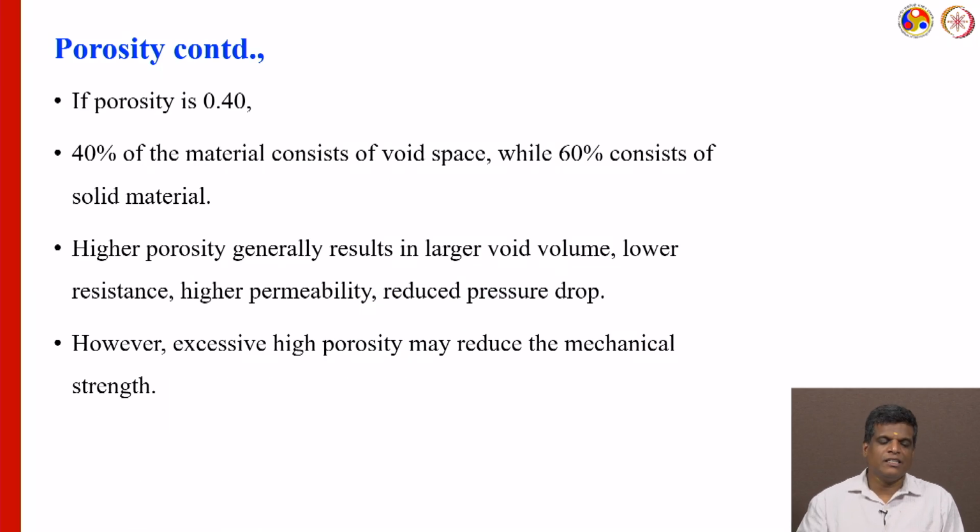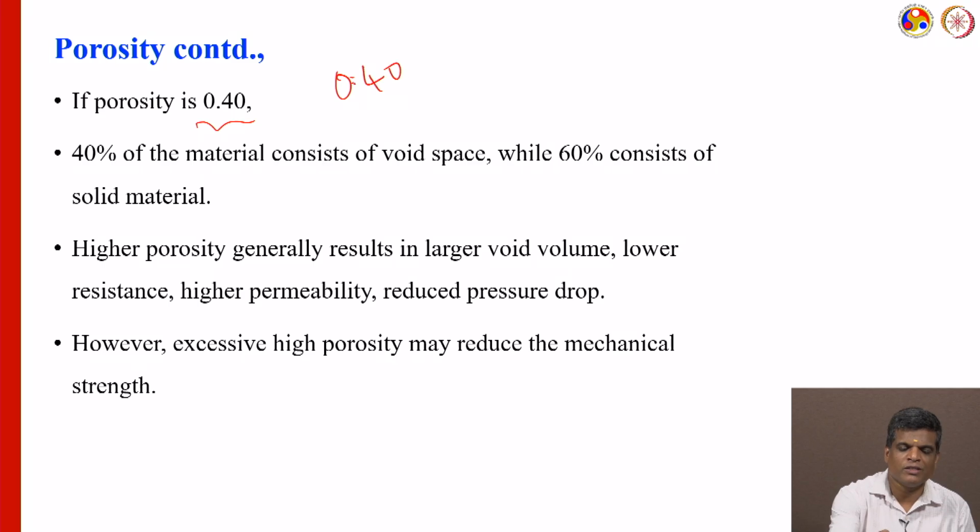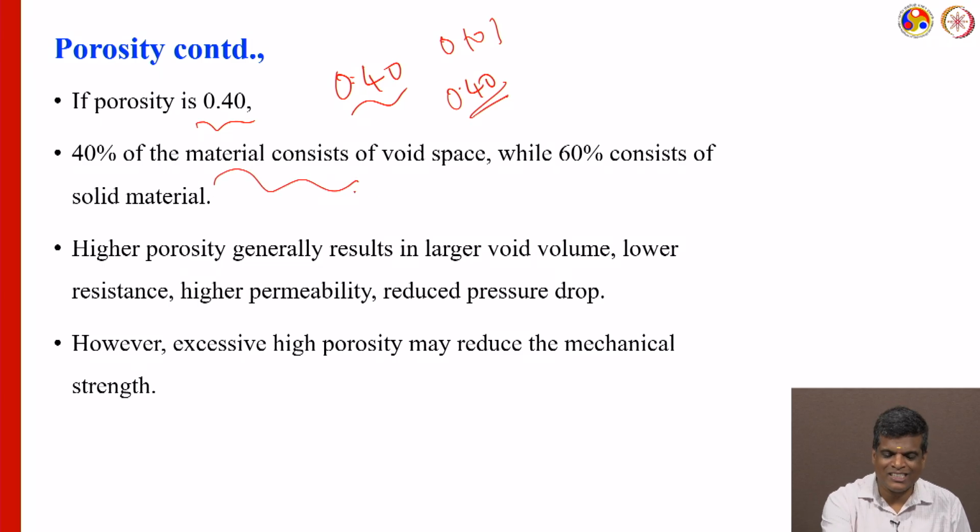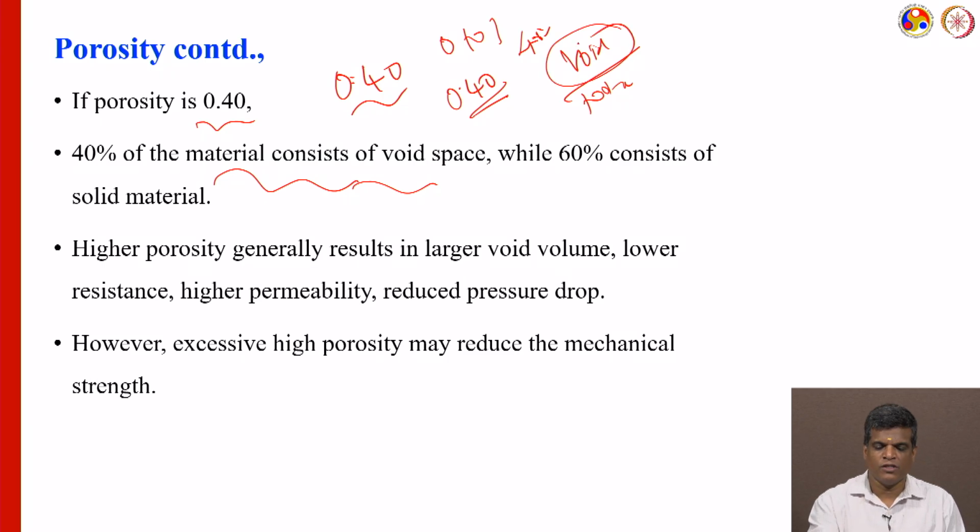What do you mean by porosity 0.40? Because it always falls between 0 and 1. If it is 0.40, then 40% of the total material consists of void space, since that is the void volume by total volume, and the other 60% consists of solid material.